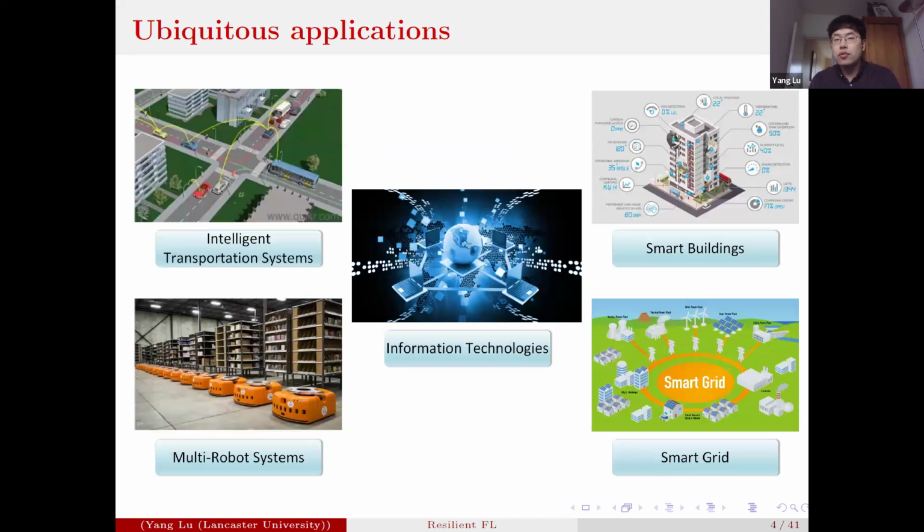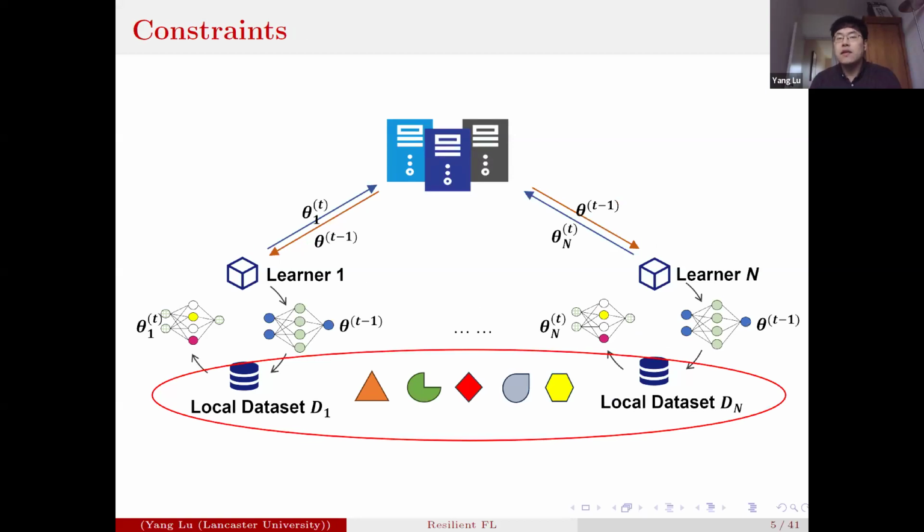Due to these two major advantages, federated learning has been applied to many problems, for example, intelligent transportation systems, smart buildings, multi-robot systems, smart grids. I'll just give you a few examples, and there are actually a lot of other applications also. But there are still some open challenges we have to address for federated learning to be used in broader applications, especially cyber-physical systems, where we may have new constraints.